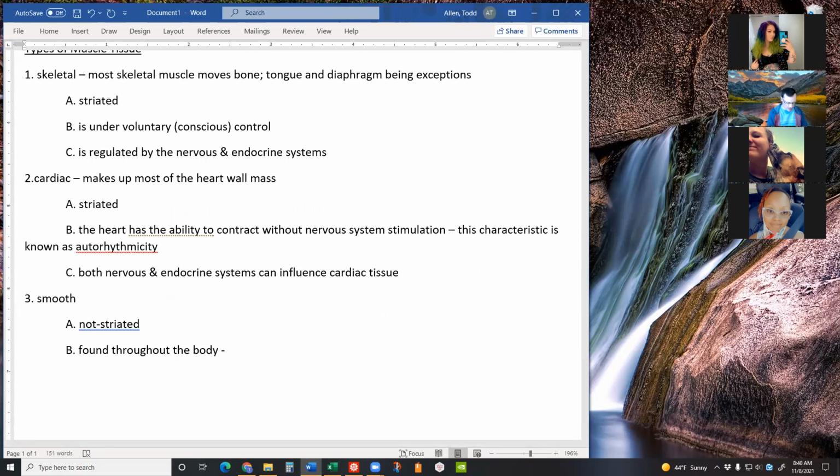It's found in the walls of blood vessels. It's found in the walls of the tubing of the GI tract, right? The esophagus, parts of the stomach, small intestine, large intestine, all of that anatomy has a large quantity of smooth muscle tissue in the wall of the anatomy itself.